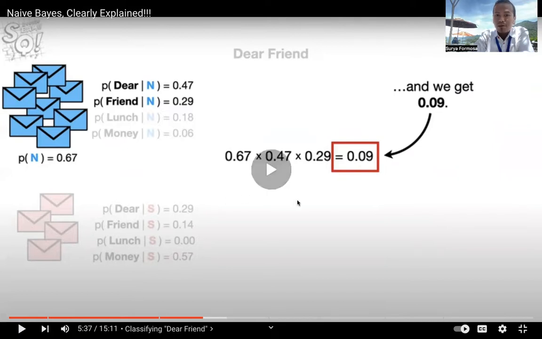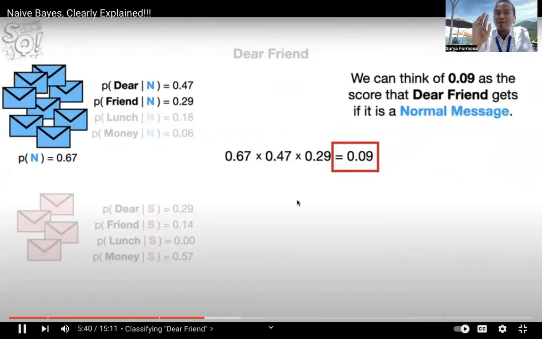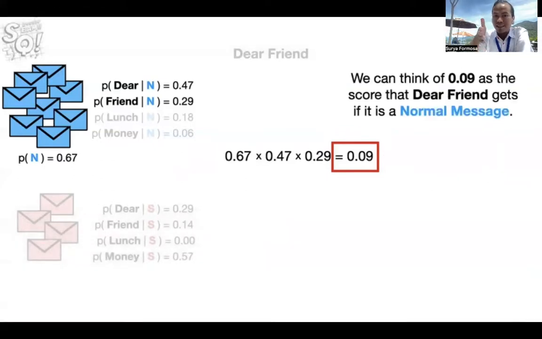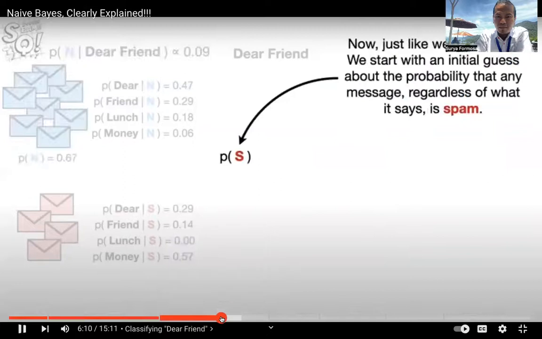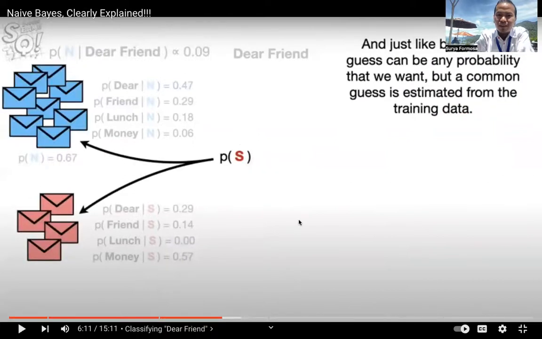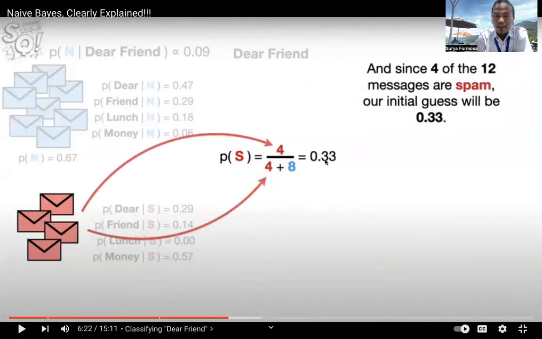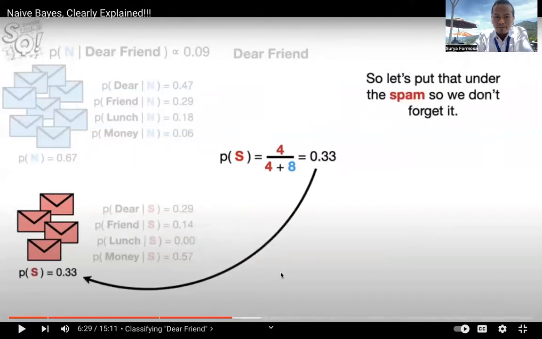And then we also need to calculate the probability of dear friend being categorized as spam. Seperti sebelumnya ya, kita juga perlu menilai probabilitas dari spam dibandingkan total messages. So the probability of spam is 4 divided by 4 plus 8, so the probability is 0.33.